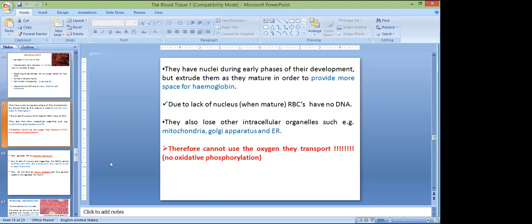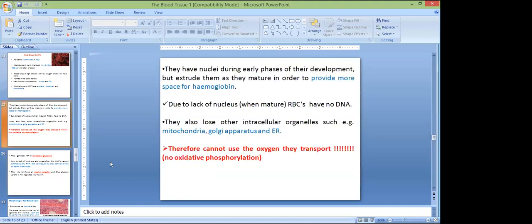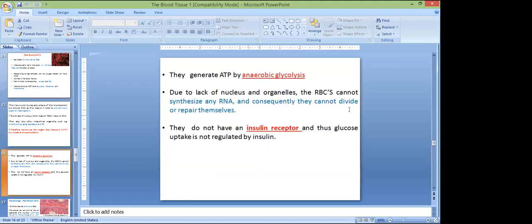Then the other important point is that they generate ATP by anaerobic glycolysis. So remember, we said it only undergoes glycolysis. And what type of glycolysis? Anaerobic. RBCs, as much as they transport oxygen, are not able to utilize that oxygen they are transporting. Okay.